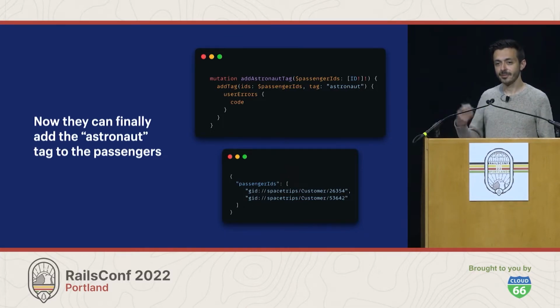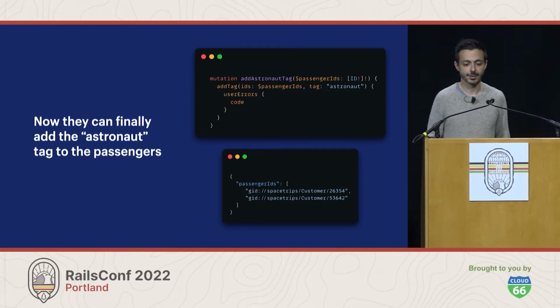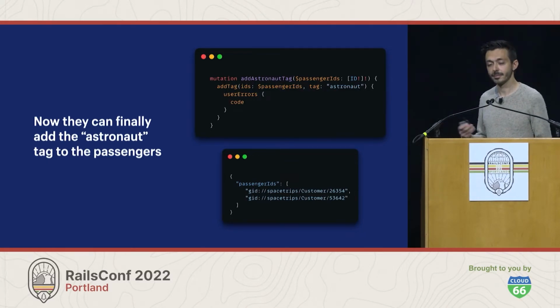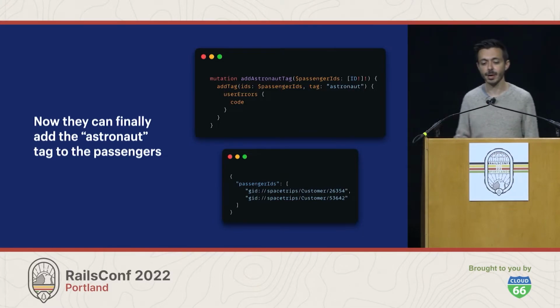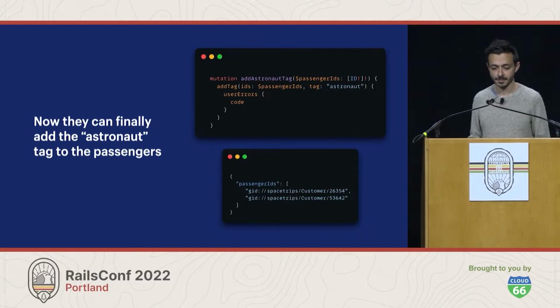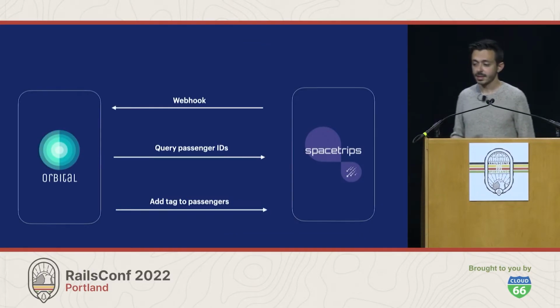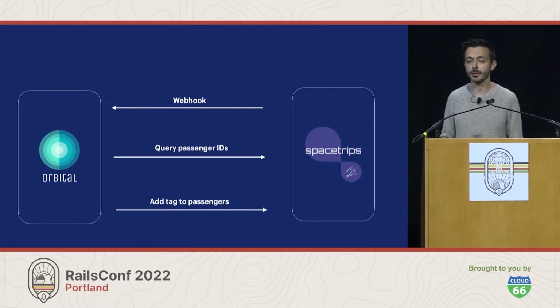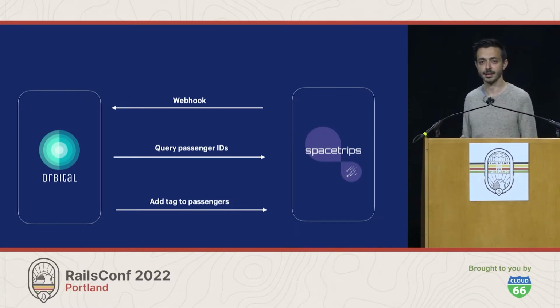And now they finally can add the astronaut tags to those passengers. So it's a lot of work, and they get a webhook that doesn't have the information they actually need. And that's the whole workflow. They receive a webhook, they make an API request just to get the passenger IDs, and then they add the tags that they need.